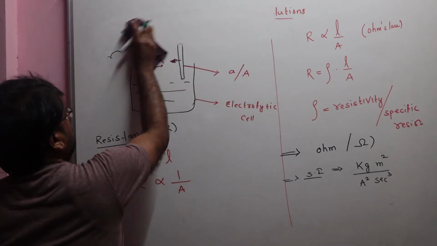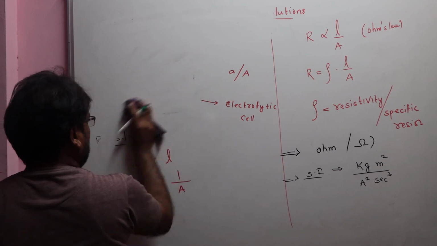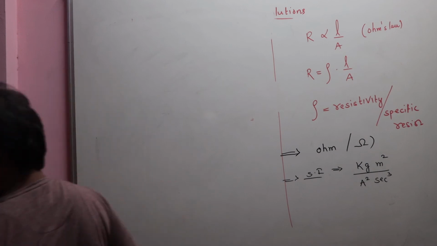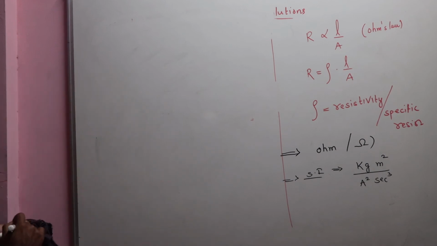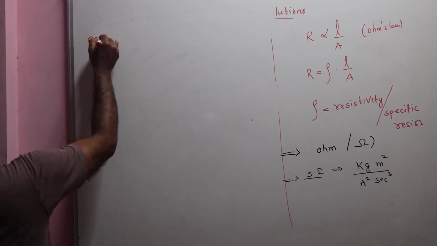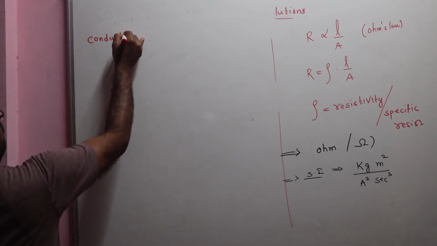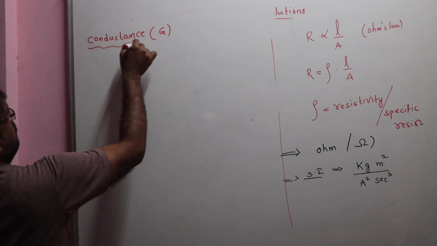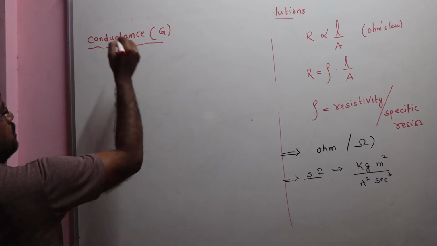Next one, the definition of conductance. Conductance is denoted by G. What is the definition of conductance?